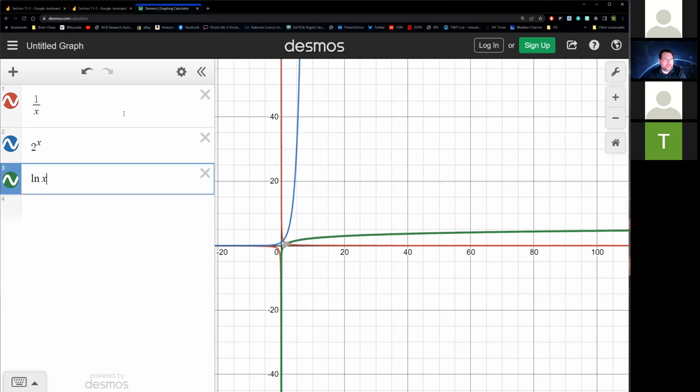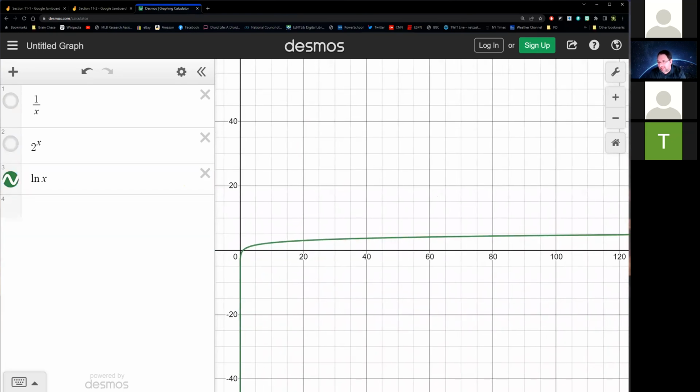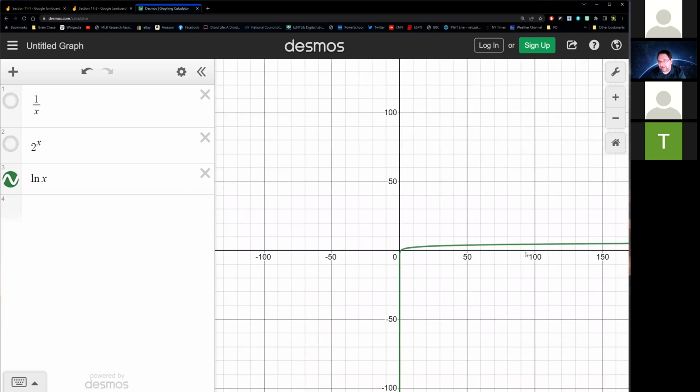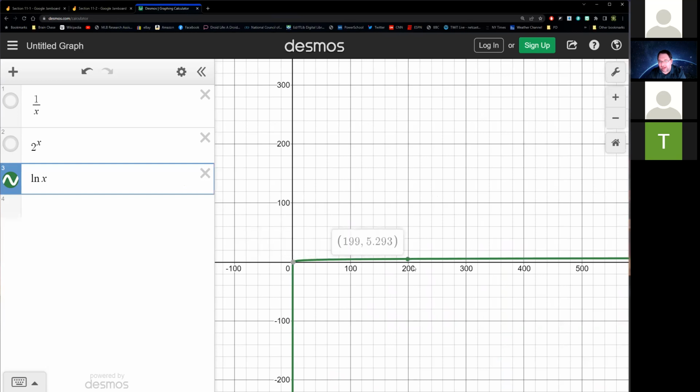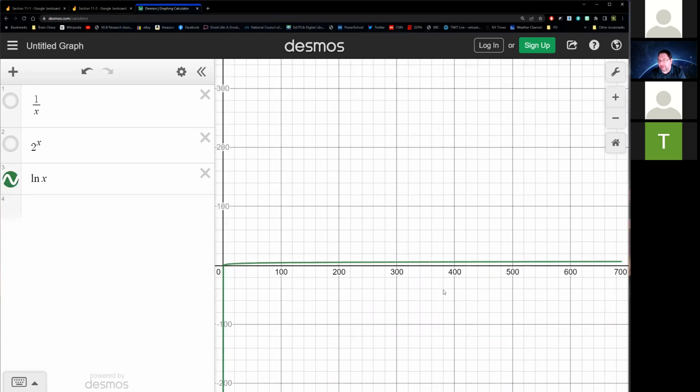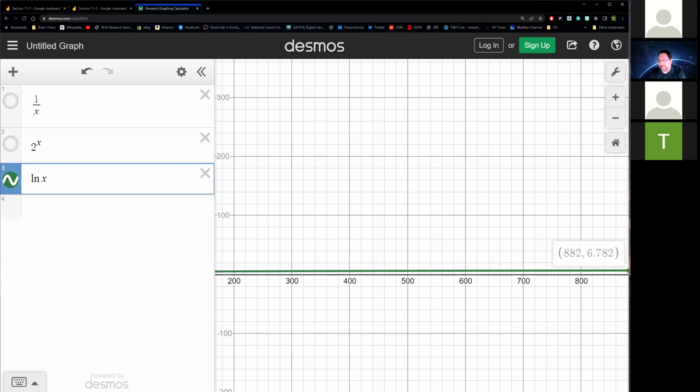Now, here's the situation. If we look at this one, it looks like it's converging. But as you keep going bigger and bigger, it keeps getting higher and higher. It's not going to a specific number. It's literally just going to keep getting higher and higher, at a very slow rate, but it's still getting higher.